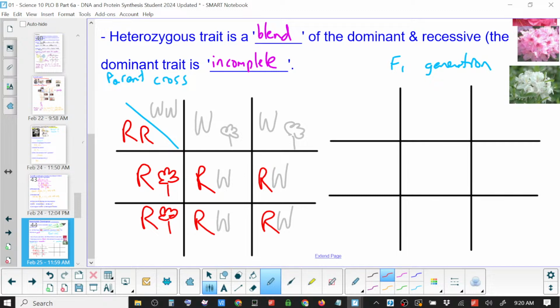I have drawn the flowers. I do not expect you to have amazing artistic talent, but I want you to visually see it. So how will we change the drawing for the offspring? Make them pink.